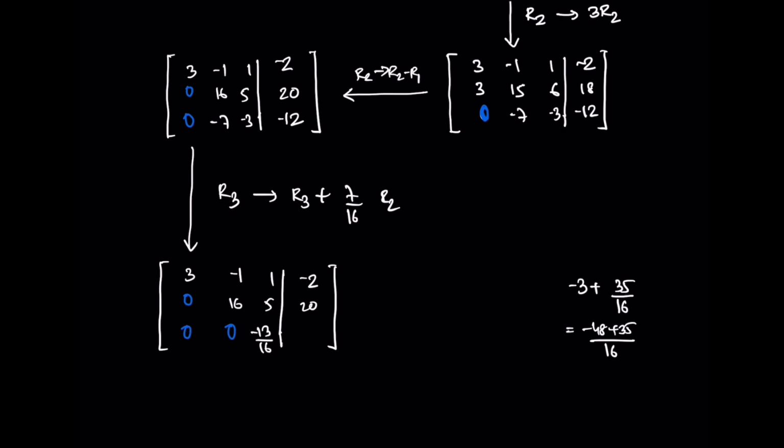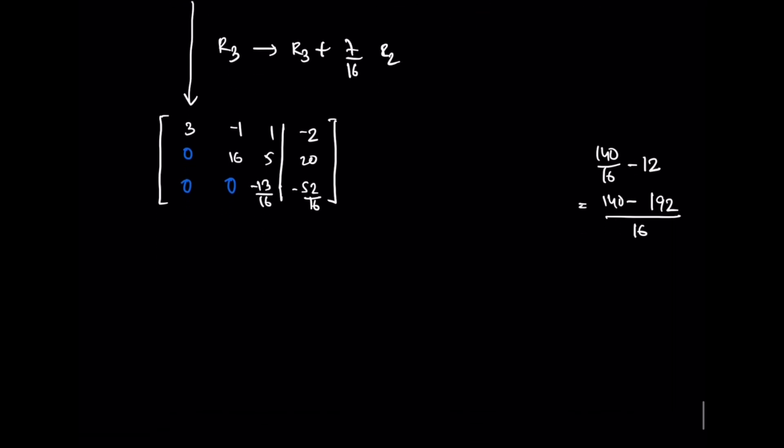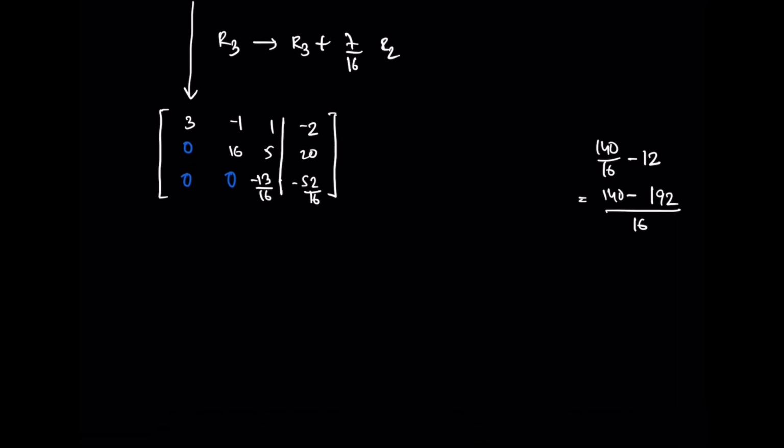And in the fourth place, we will have 140 by 16 minus 12, which will give us 140 minus 192 by 16, and that is minus 52 by 16. Okay, we have got pretty good numbers here, so let me simply do back substitution, and that is our third and final step.